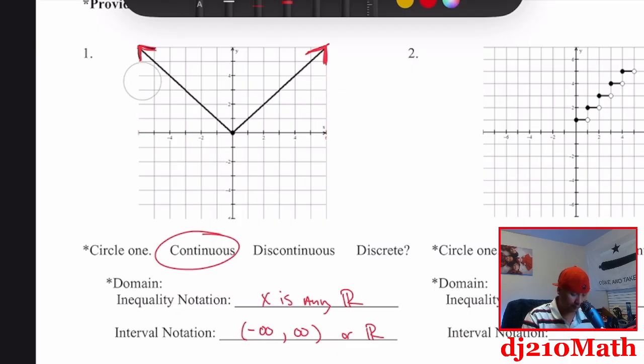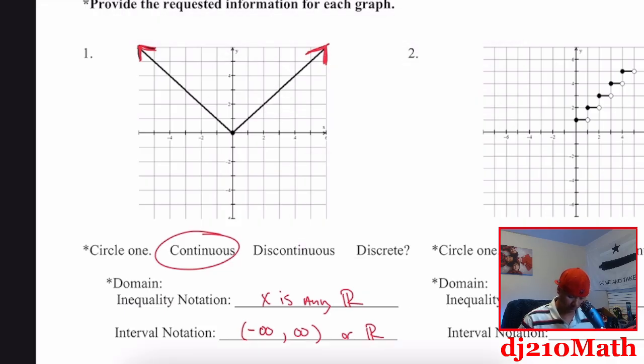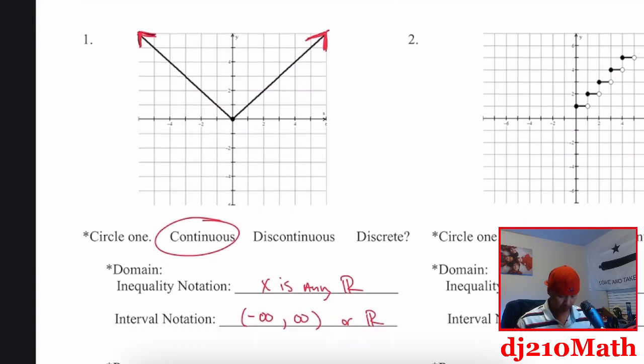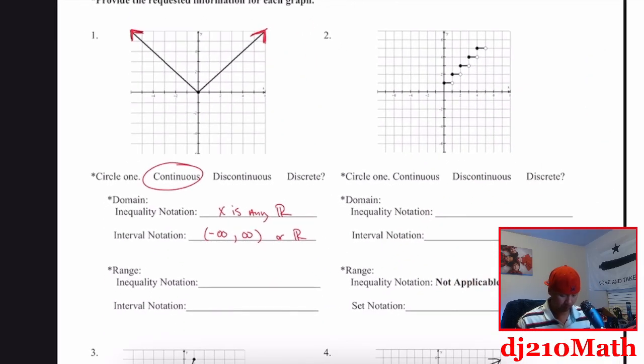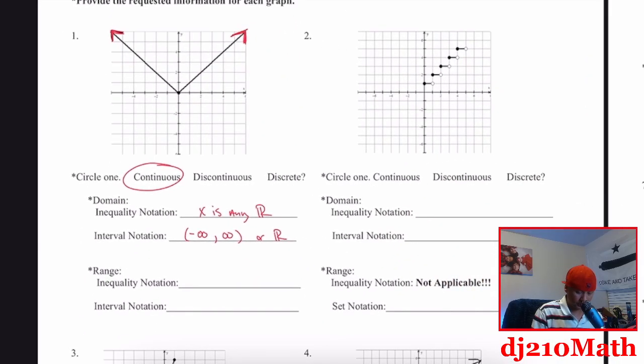All right, for the range, we're looking at what's the smallest that y can be. And that's going to be the same in every problem, right? The smallest y can be, and then the most that y can be. The greatest, the largest. So the smallest that y can be is 0, bracket.